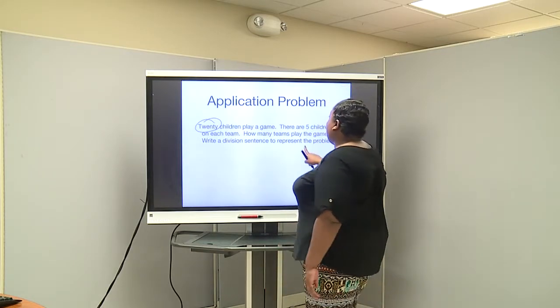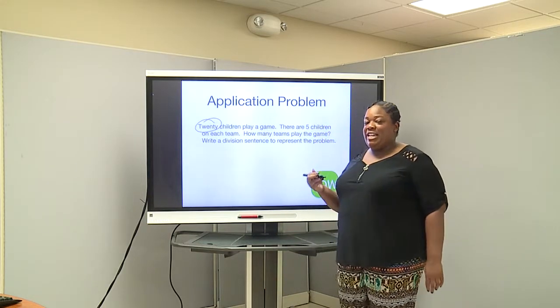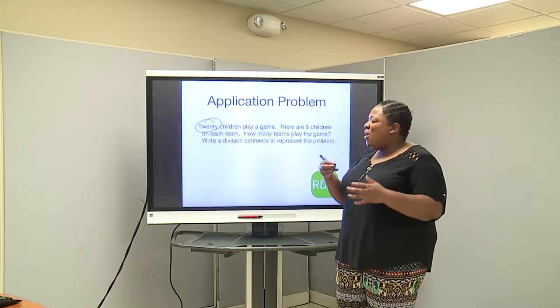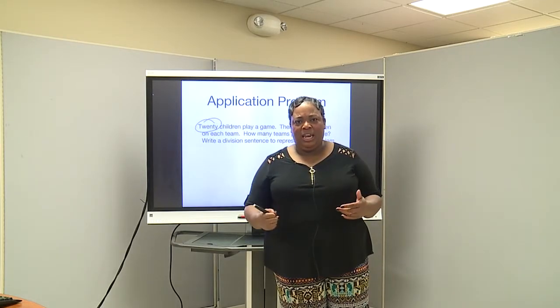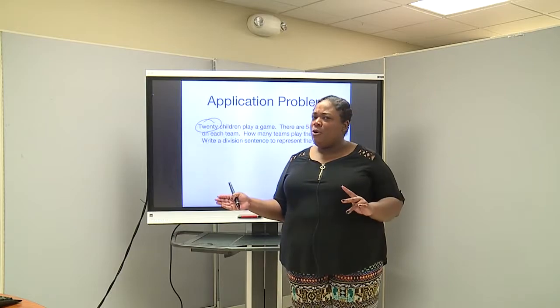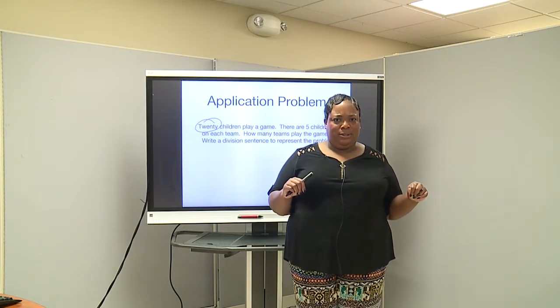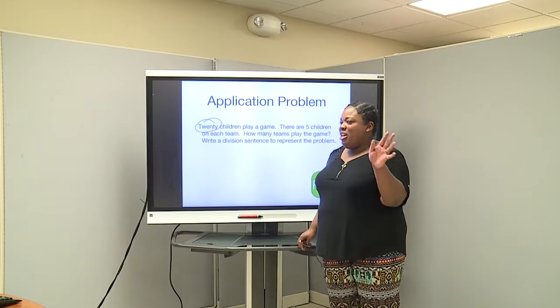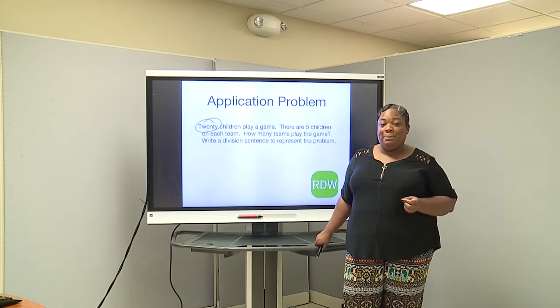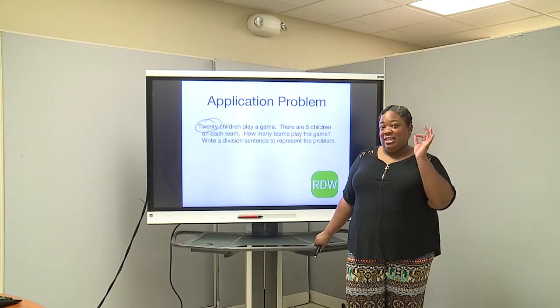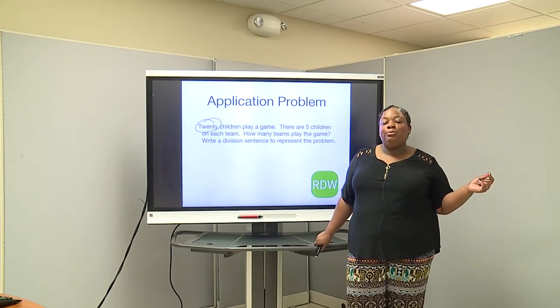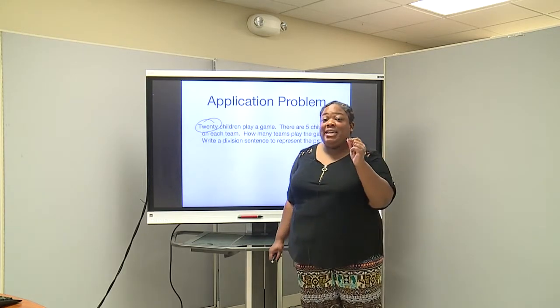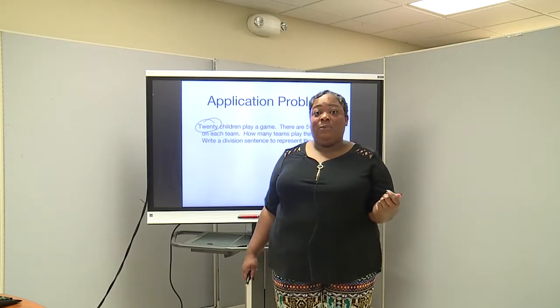Now, it says there are 5 children on each team. So what does the 5 children on each team represent? Would that be the number of groups or the size of the groups? Well, let me help you think about it. What do you think about when you think of a team? Do you think size or do you think group? When I think about a team, I think about a group of people.